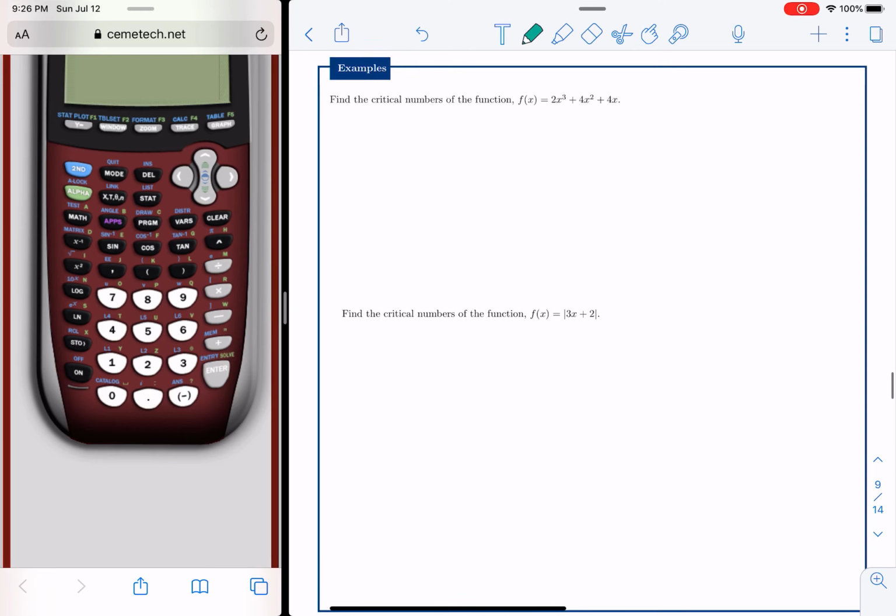So we have another example. Once again, we have a cubic polynomial, and the first step is to find the derivative. F prime of x is 6x squared plus 8x plus 4. The second step is to set f prime of x equal to 0 and solve for x.